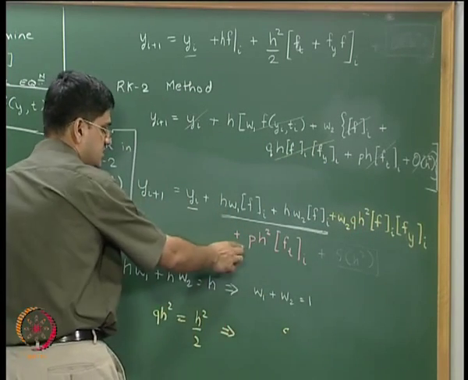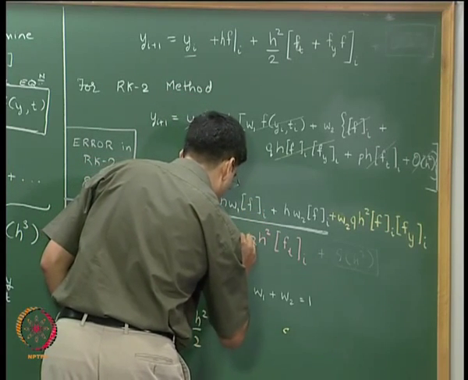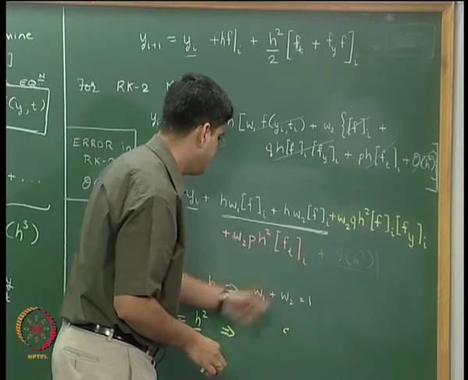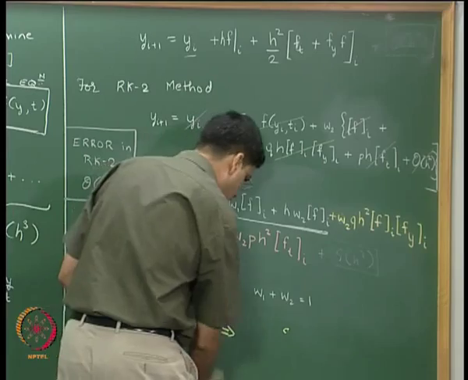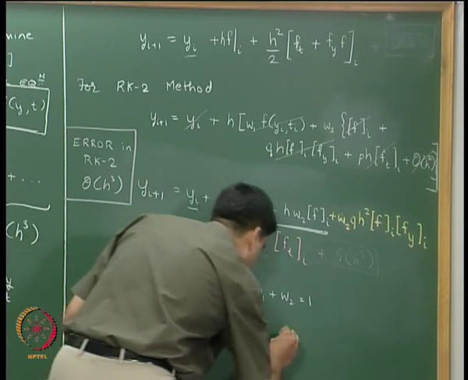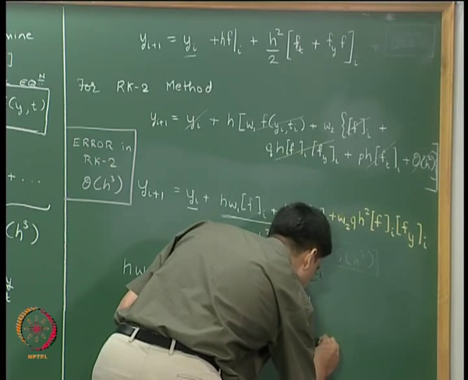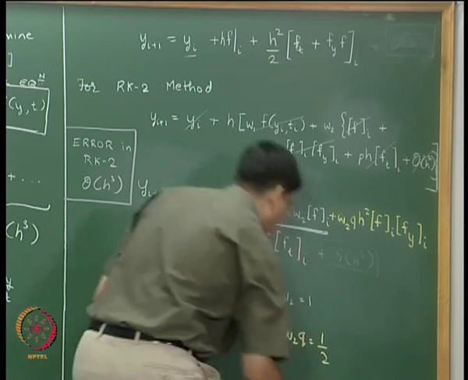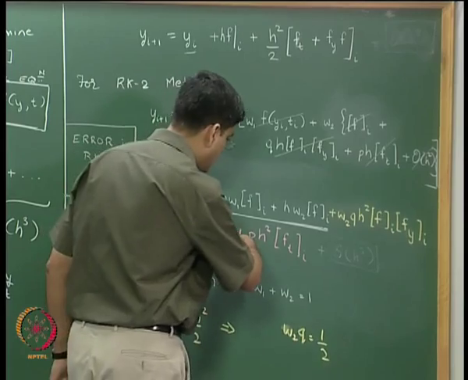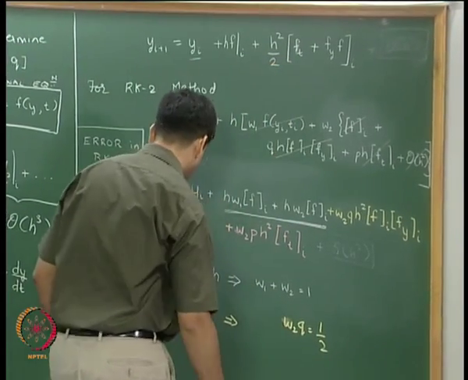And likewise I have missed the w2 factor over here also: w2 multiplied by p h squared multiplied by f_t. So the next equation that we get is w2 q equals 1 by 2. And the third expression that we get is w2 p h squared equals h squared by 2.